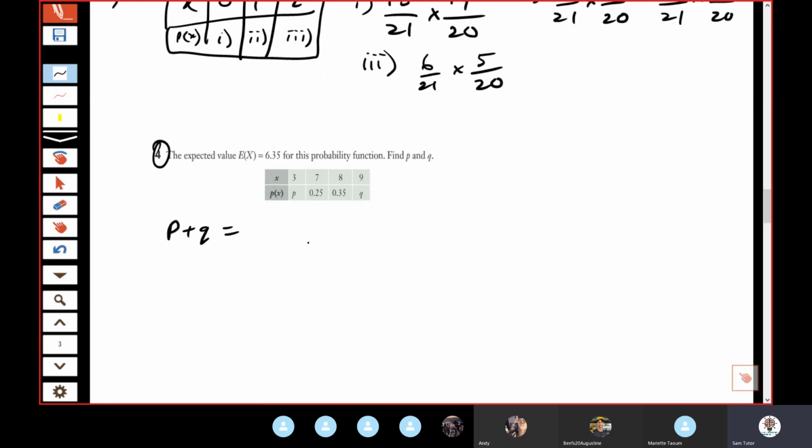P plus Q must equal 0.4. And we know that 3P plus 7.25, which is 1.75 plus 8 times 1.25, 2.8 plus 9Q is equal to 6.35.